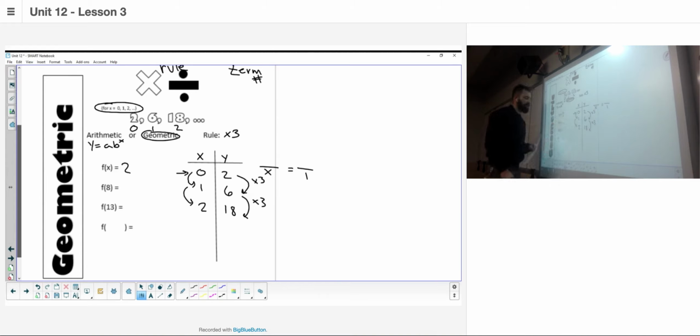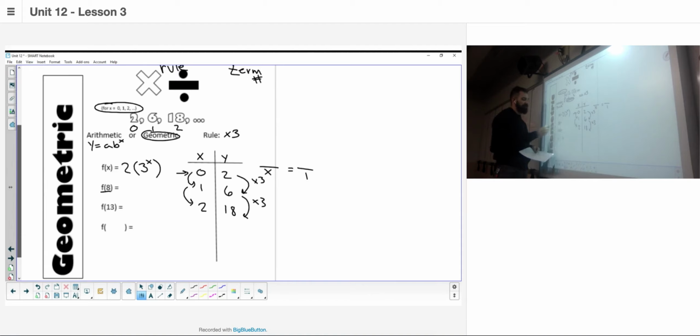So it's f of x equals 2, and I'm going to put parentheses here to make sure my exponent goes to the right spot. What is our b? Our b is our rule, which is times 3. And the x is our term number. What term are we looking for? So our rule is f of x equals 2 times 3 to the x power.